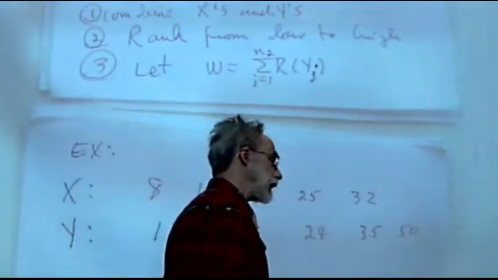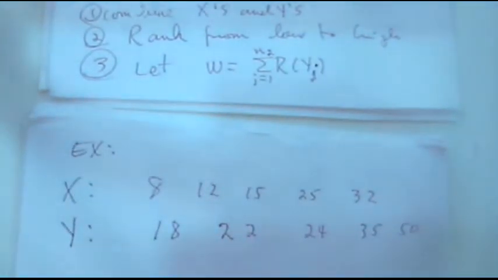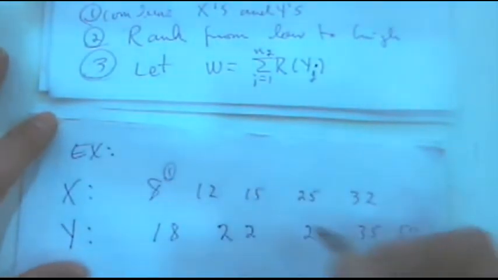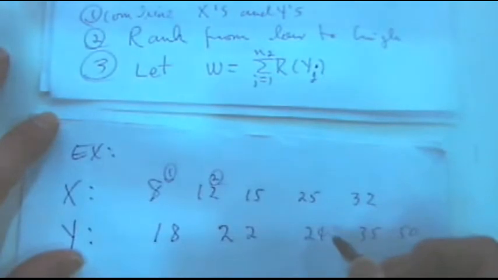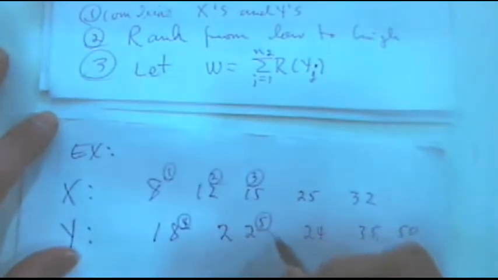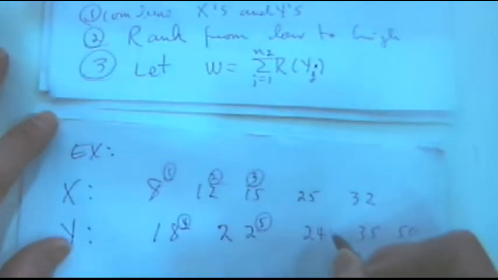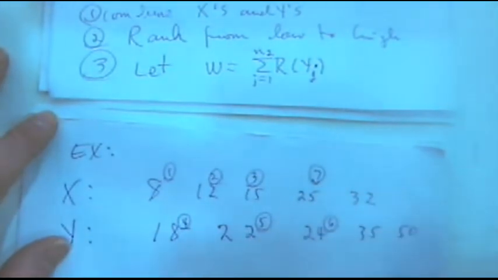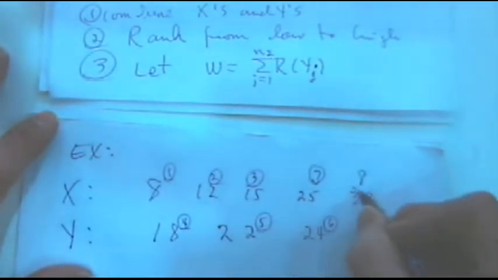If they're pre-sorted like these are, it's easy to do. I wouldn't do anything, I would just put the ranks above with circles. So you're just combining them and ranking them. And the 18 comes before 25. So does the 22. And so does the 24. And then here's the next one. Then here's one.